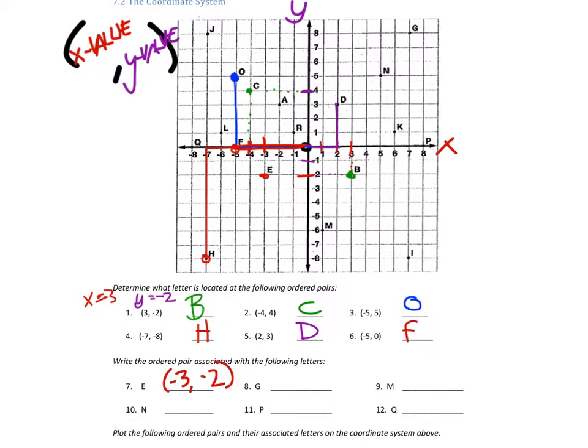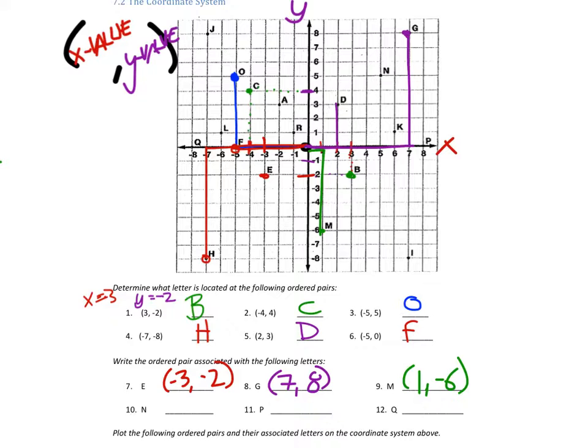G, on the other hand, is way up here, so we're going to go to the right 7, so x is 7, and then we would have gone up, it appears 8, so we get 7, 8. M, right here, is to the right 1, and then we're going to go down 6.